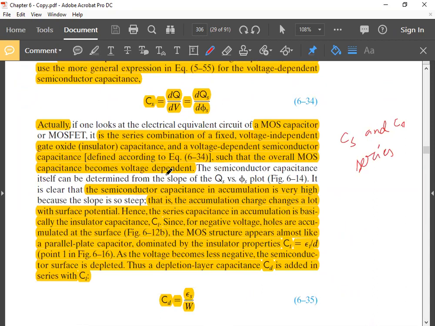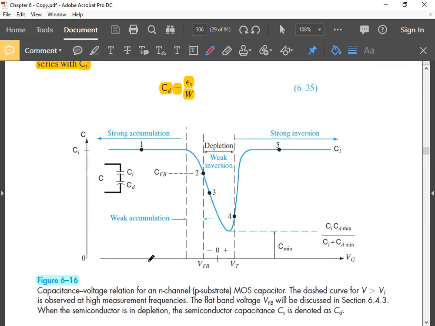If you vary the voltage in this negative range, more holes will be accumulated, or holes will move out from that semiconductor region.